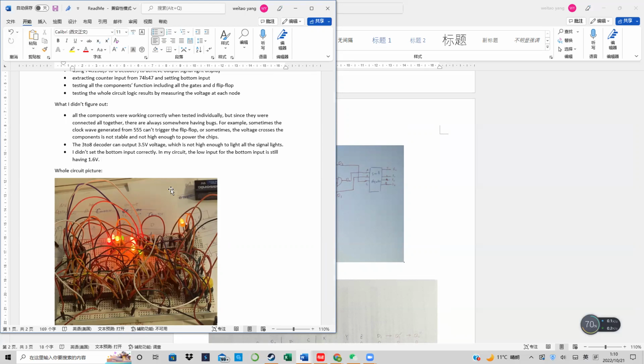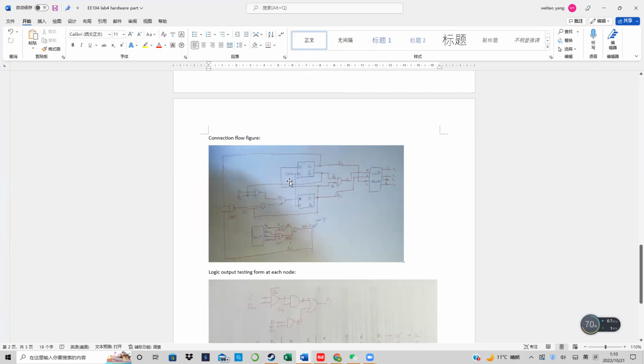But I don't know why, even when I didn't push the button, the output was still at 1.6 volts. That makes the input always high in the real circuit.